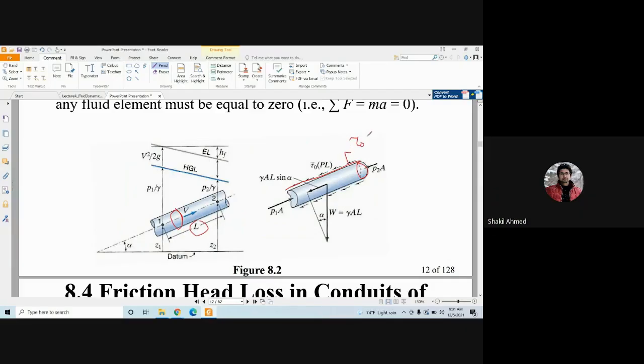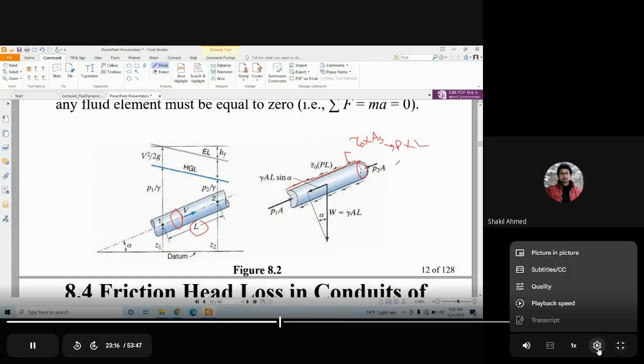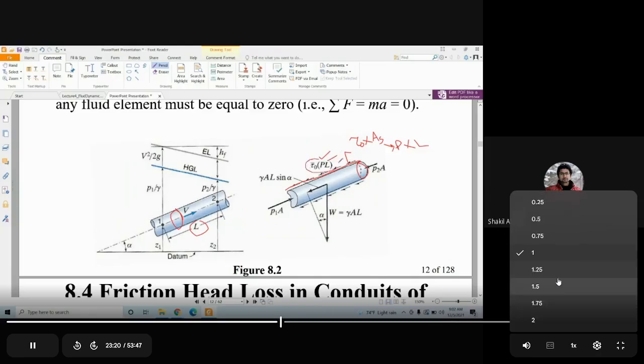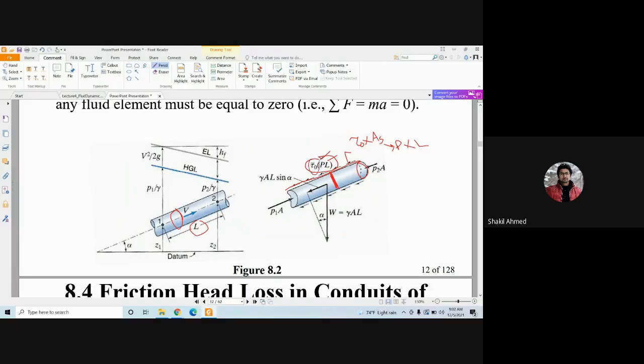So stress into AS is P, that means perimeter into L. This is the force. This is the average shear stress, because shear stress varies in this profile, so we are taking the average shear stress.